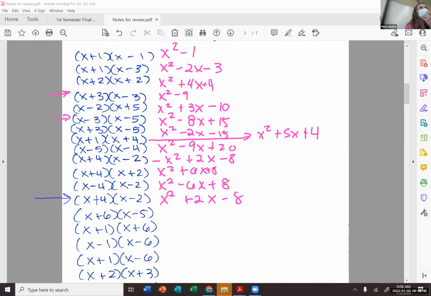Then we've got Samantha. X squared minus x minus 30. This one has a +6, so it'll be plus x. Great. Then we've got Shelby. It's the 1 and the 6. So x squared plus 7x. Oh, what? Okay, I did it again.